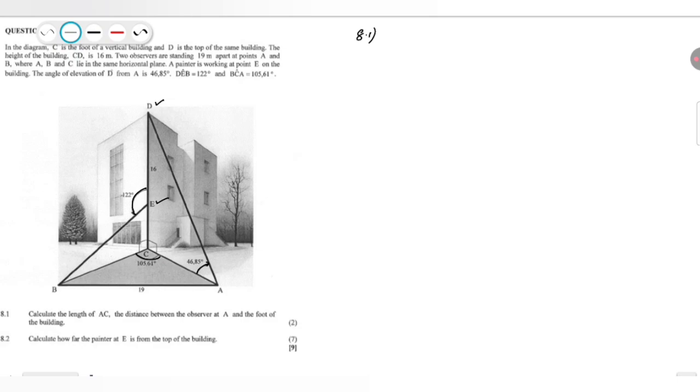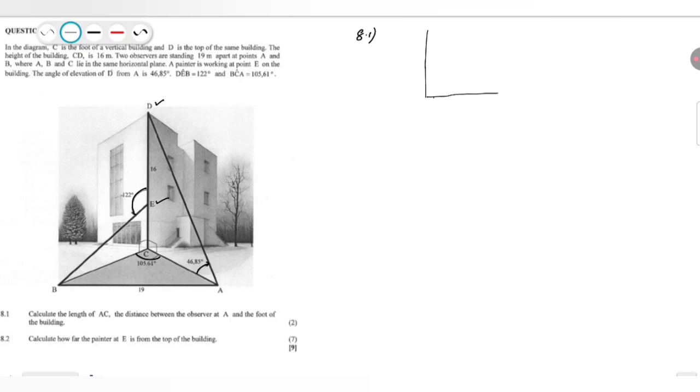When it comes to finding a side, the first thing to check is whether it is part of a right angle triangle. That will help you a lot, because basic trigonometry, SOH CAH TOA, will help you. Did you see the triangle ACD? Let me draw it here.